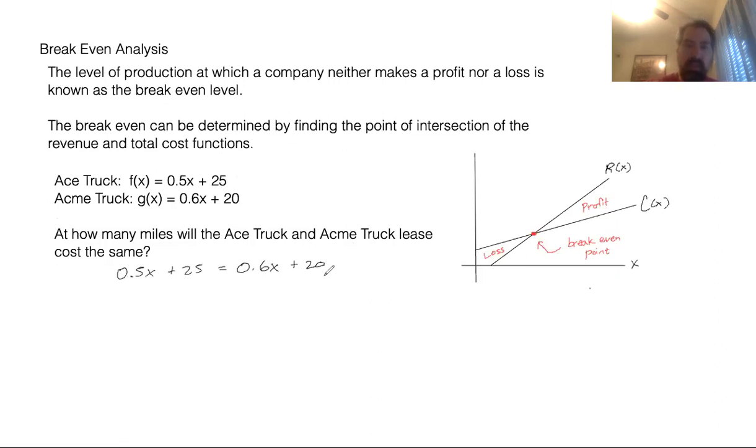We're forcing them to be equal, and solving for x will tell us how many miles we drive, which results in the break-even point. All right, so subtract 0.6x from both sides. Again, it doesn't really matter which side you move the x to. 0.5x minus 0.6x is negative 0.1x. And I'll at the same time subtract the 25 from both sides.